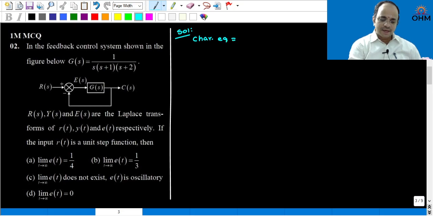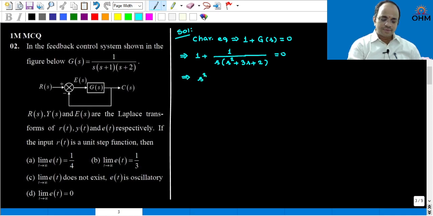what the characteristic equation is. That is 1 plus G(s) equal to 0. So 1 plus 1 by s into (s square plus 3s plus 2) is equal to 0.